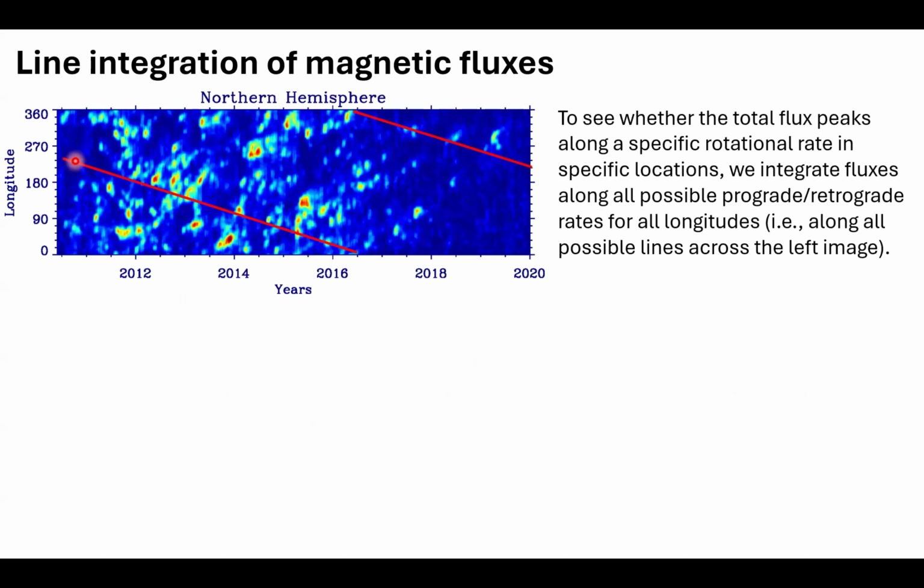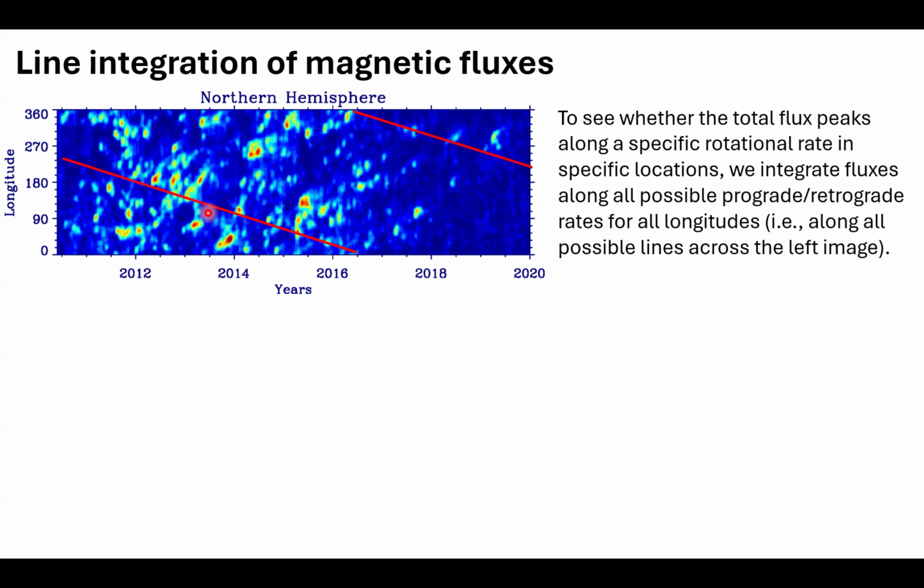So what we do is we choose just one line and integrate the magnetic flux along this line and see which line has the most flux concentration. For each line, 2 parameters decide the line. One is the longitude where we start from, and the other one is the prograde or retrograde rate.